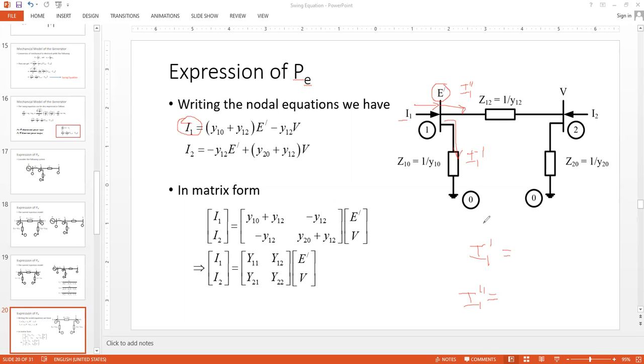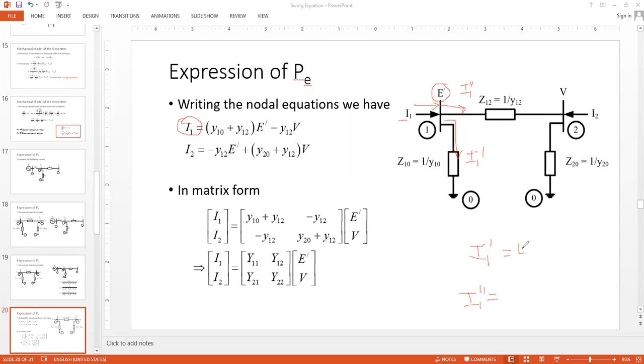Please, quickly, running out of time. Just applying KCL, that means E minus 0 divided by Z10 for I1. There are two I1s now. I1 prime? Yes, you have it right here.